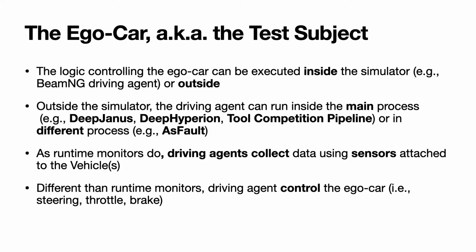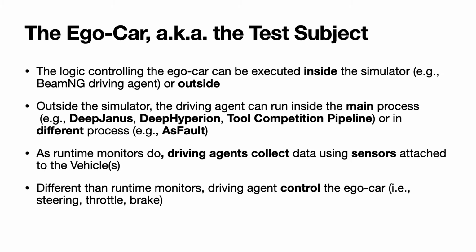So the logic that controls the car can be directly running inside the simulator. This is an advanced feature. You can program your car or driving agent as a Lua function that is executed in the context of the simulator, or outside it. When you run something outside the simulator, this can be an agent that runs in the main process, beside or along with the test case.